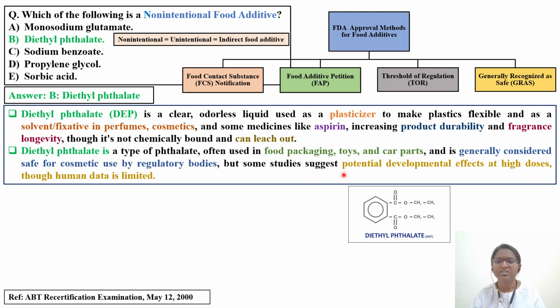But a few studies still say there is a potential that diethyl phthalate may have developmental effects at high doses. So again, the dose-response curve is important. Any substance is hazardous or adverse only when used in extremely high amounts. When diethyl phthalate is used within regulatory limits, it is fine, but when the levels are too high, there is a potential for developmental effects.